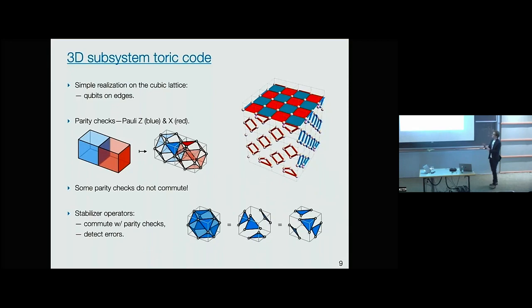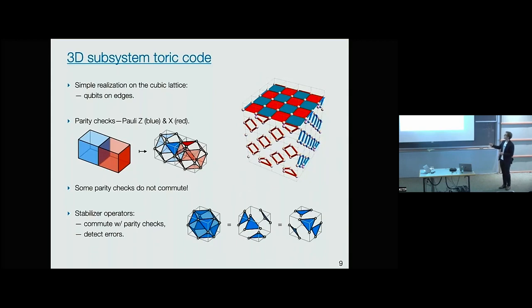So we measure those parity check operators. And from those parity check operators, we can figure out the measurement outcomes of stabilizer operators. Stabilizer operators are the operators that commute with every parity check. And in this model, we can form stabilizer operators by taking parity checks around each cube.